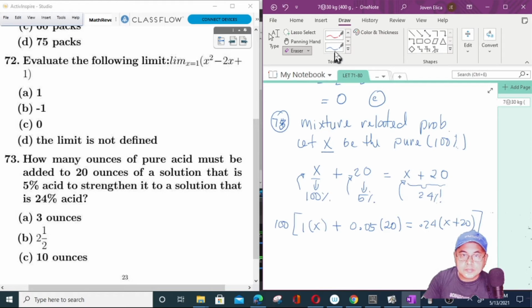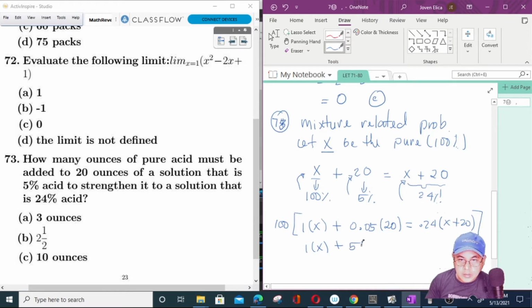So it becomes 1x plus 100 times 0.05 becomes 5 times 20 is equal to 100 times 0.24 becomes whole number 24, times x plus 20. And then let us distribute x plus 20 and then multiply.